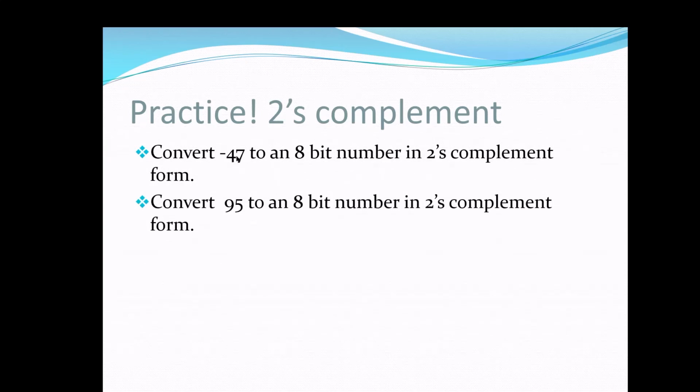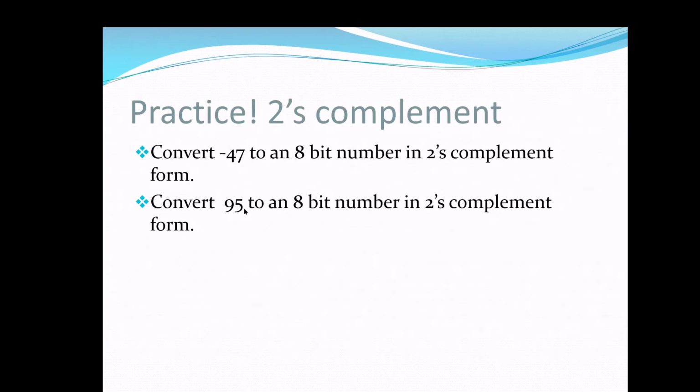And you can actually go through and just plug minus 47 into the calculator, make sure you're in decimal, and then you'll see the 2's complement form listed in binary. Okay, so when you go through this 2's complement process, you can check your answer. When you have a positive number, the only thing you do is convert it to binary, and that's it.